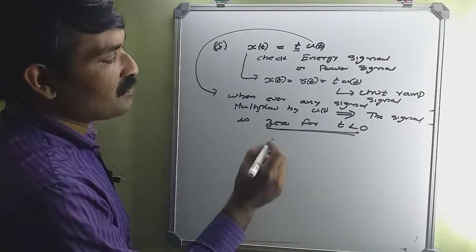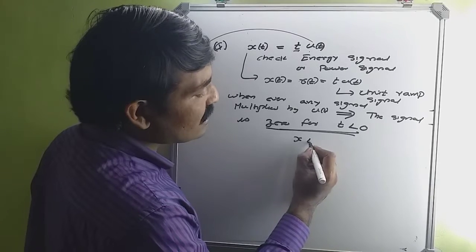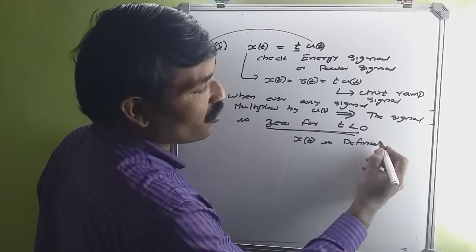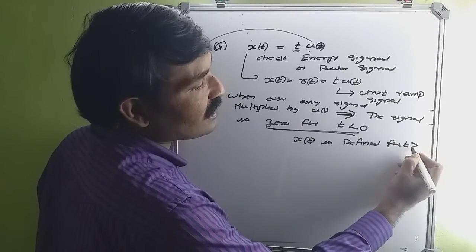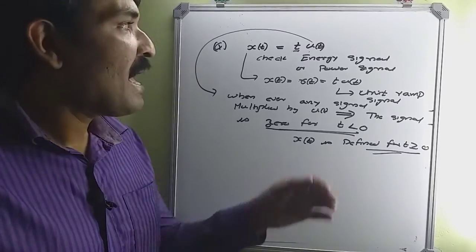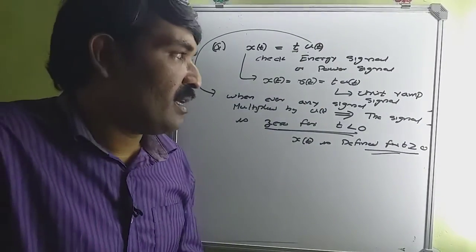Okay, so that means x of t is defined for t greater than or equal to 0. This is the significance of multiplying any signal with u of t.